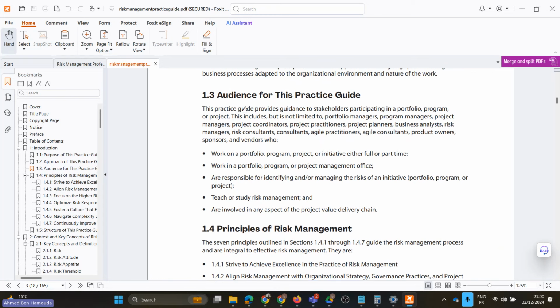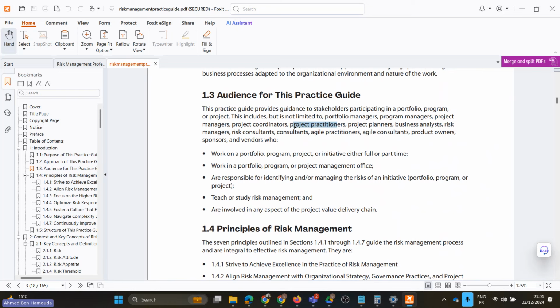It says here, this practice guide provides guidance to stakeholders participating in a portfolio, a program, or a project. This includes, but is not limited to, portfolio managers, program managers, project managers, project coordinators, and project practitioners, which means anyone practicing project management techniques on a project, not necessarily as a project manager or project coordinator.